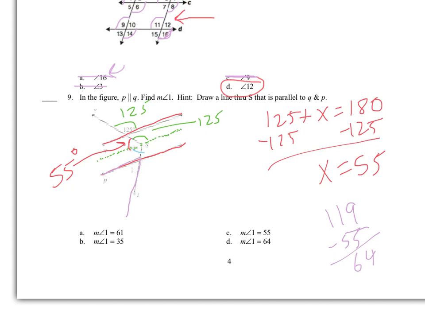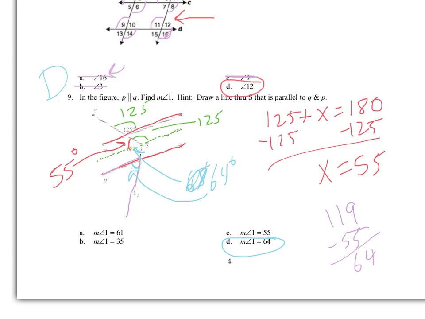Now, you'll notice that it is corresponding to angle 1, so this 64 should also be this angle, because they are corresponding angles, which means the measure of angle 1 is D.